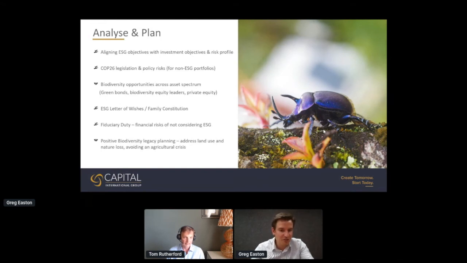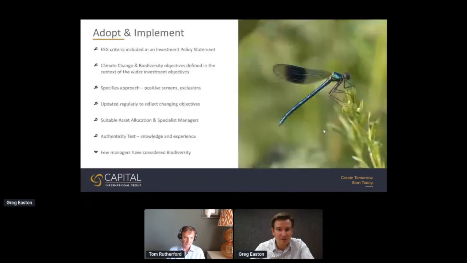So if the intentions and wishes are there from a client perspective, there's really nothing limiting you in terms of being able to implement that strategy. It's really going through the process and the framework, engaging with your clients, and then talking to managers that have expertise in those areas across those asset classes.